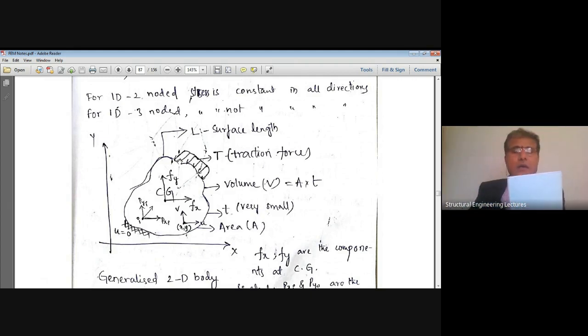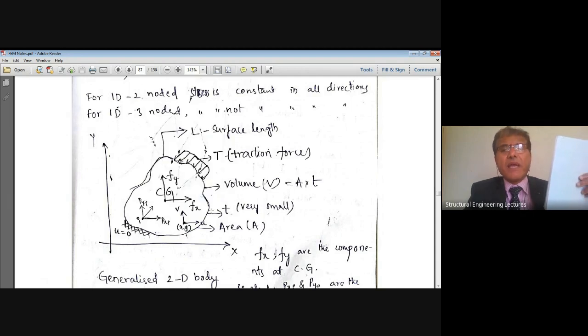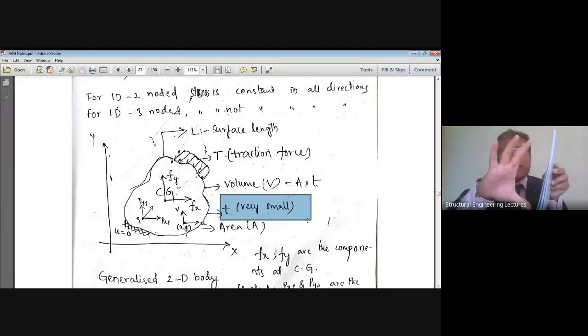Because this has some thickness t, and the entire area of this 2D continuum is capital A, and the thickness small t is very small compared to the other dimensions, this is called a 2D continuum.